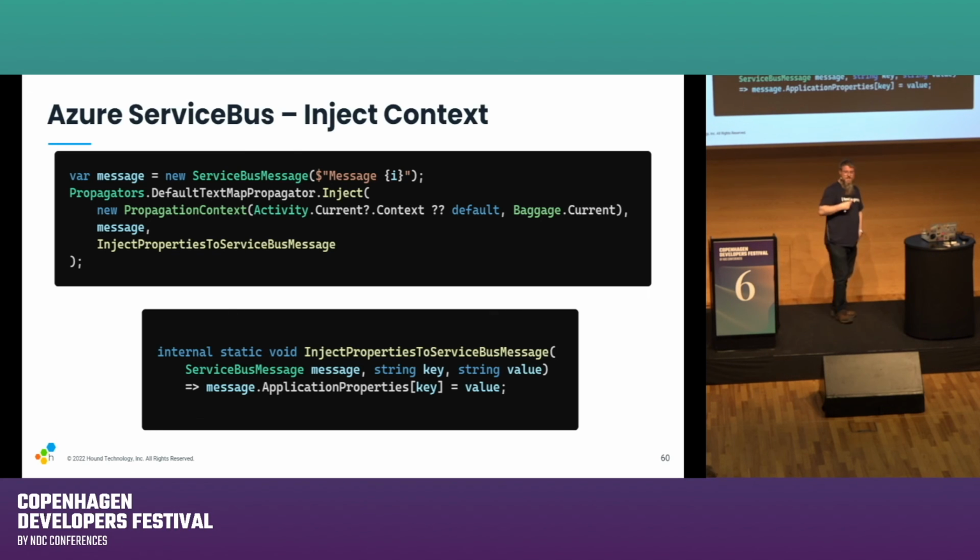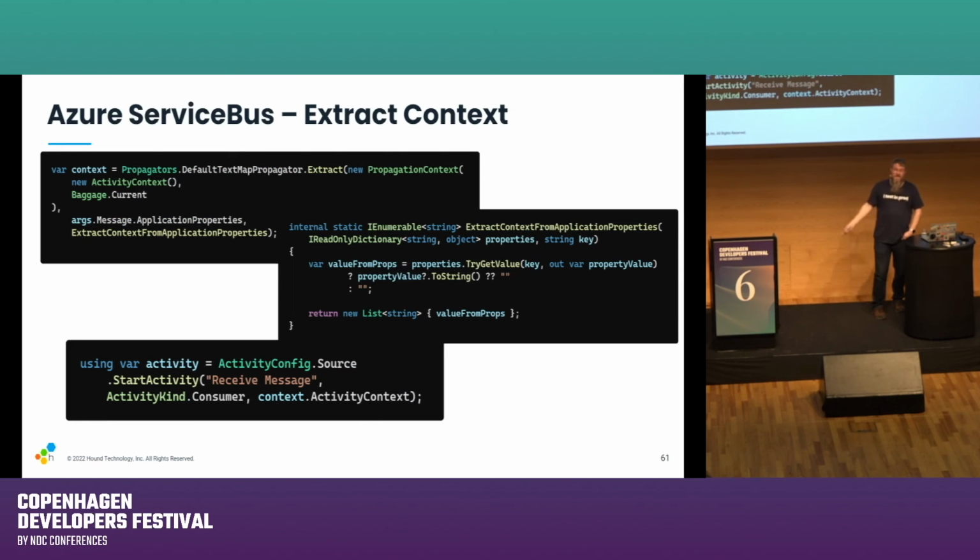So that message gets our trace context. And we do that by passing in the current context, passing in any baggage, giving it the message that we want it to inject to, and then passing a delegate that tells it how to set properties on those application properties.